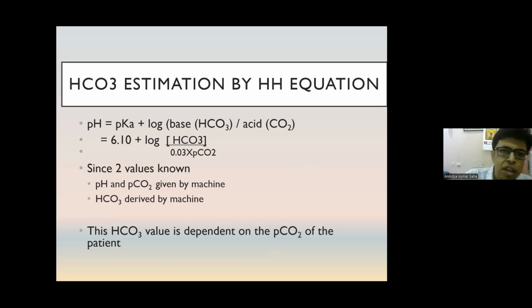First, in the acid-base physiology, it is the bicarbonate which will be calculated. I have already discussed that bicarbonate is calculated from the equation: 6.1 plus log of bicarbonate divided by 0.03 into the partial pressure of carbon dioxide. These two values are estimated by the machine, and bicarbonate is derived. So bicarbonate is dependent on the partial pressure of carbon dioxide of the baby.